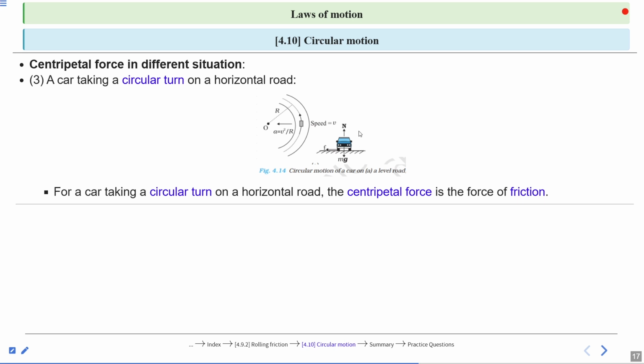Look here, we have a car and the weight of the car is mg, acting vertically downward, and the normal reaction, so N equals mg, and the only other force is friction, F. So the centripetal force is the force of friction.